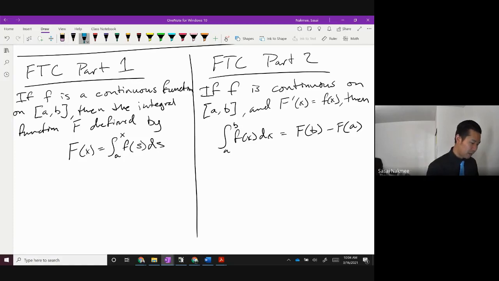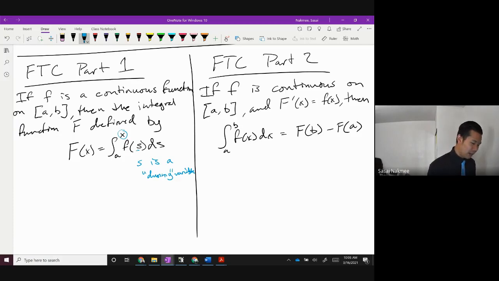Just a side note, s is a dummy variable. By the way, dummy just means that it's a placeholder. That s is just a placeholder. Normally we put x's in there, but I have the x right here as part of my integral, so I'm going to put it up there.